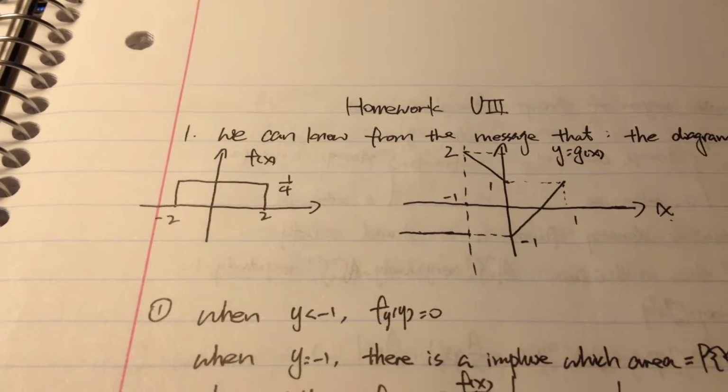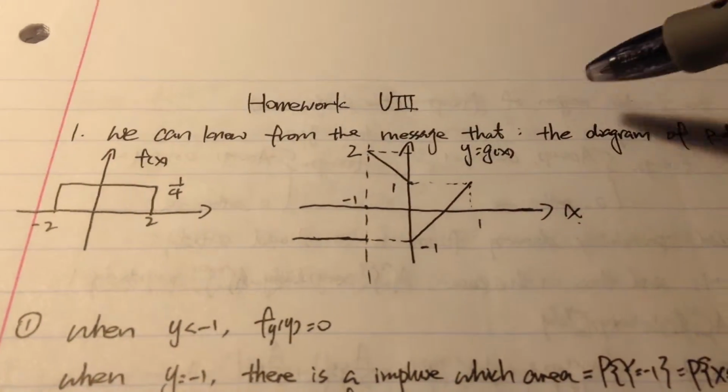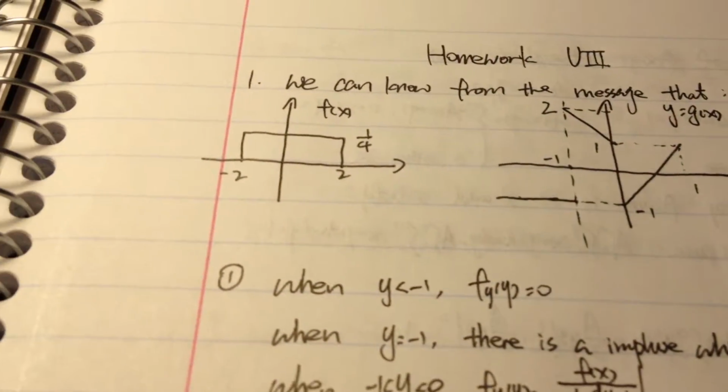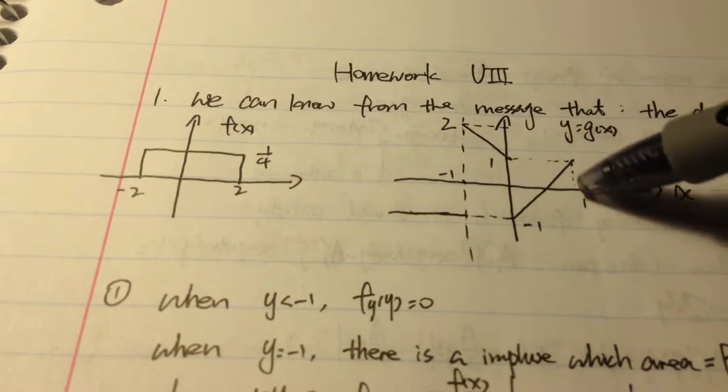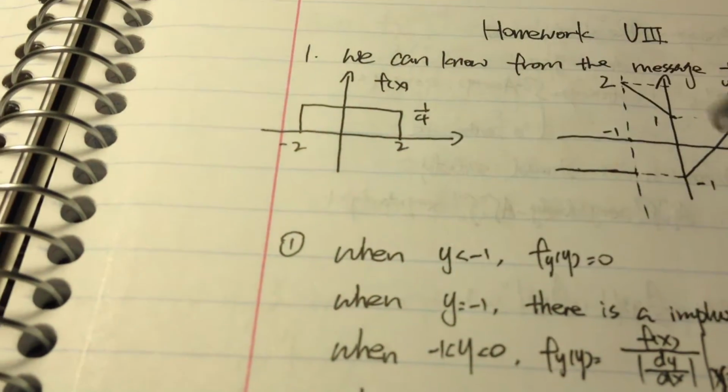Well, for the first question, we can use the given information to plot the diagram of the density function of x and the diagram of y. They are like this.